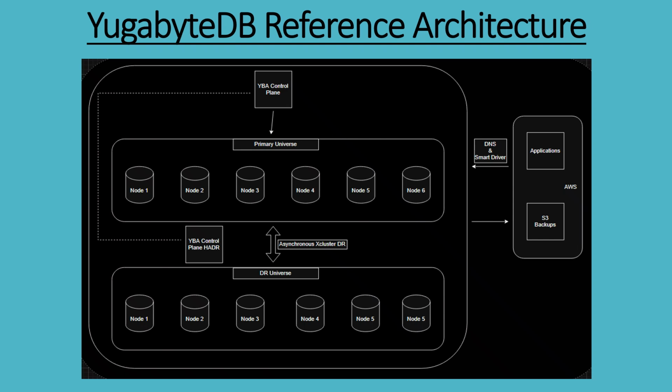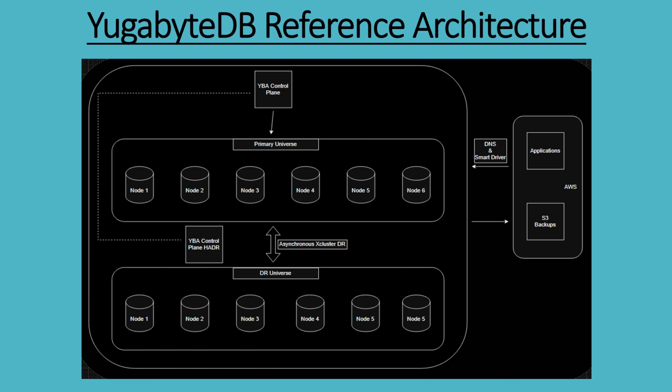Another copy of tablet 1 also has to be created, and it may choose one of the 4, 5, 6 nodes depending on the number of tablets and the load they have. They will join any one of them into the tablet 1 Raft consensus group, and then they are going to copy the tablet 1 data there, and then again you will have tablet 1 in 3 copies maintaining RF factor of 3.